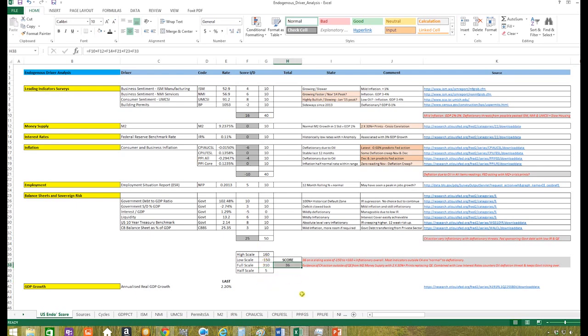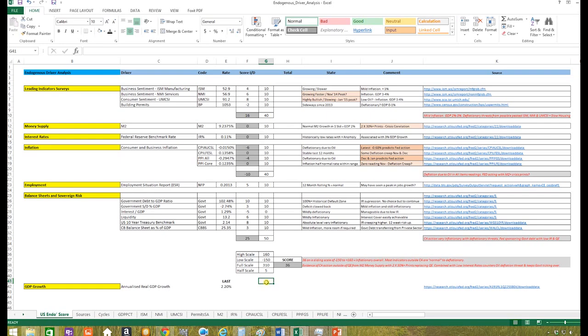Our overall score, if you recall, was 36, and we did a lot of qualitative analysis on each area of our drivers, and we got to the total conclusion that 36 on a sliding scale of -150 to 160 was inflationary overall for the US dollar, and most indicators outside central authority drivers are normal to deflationary.